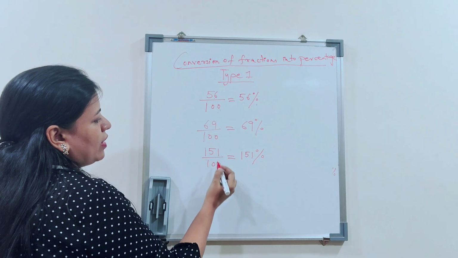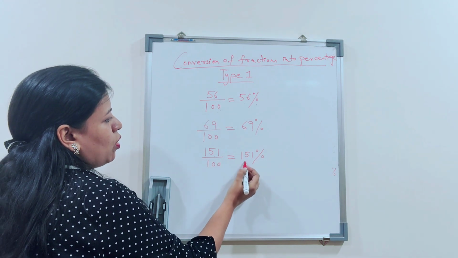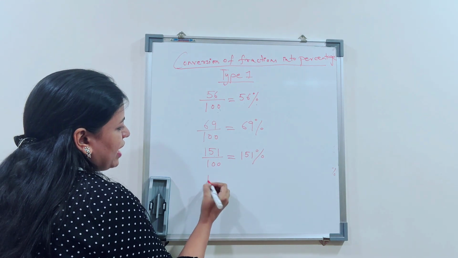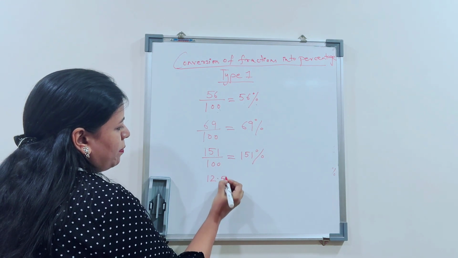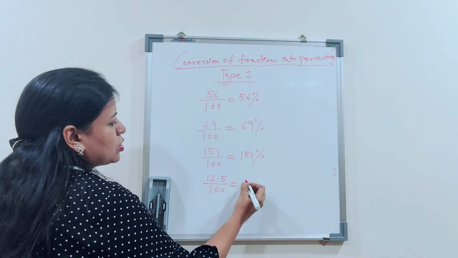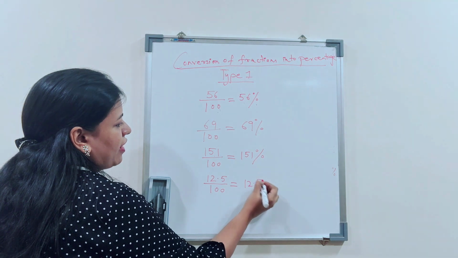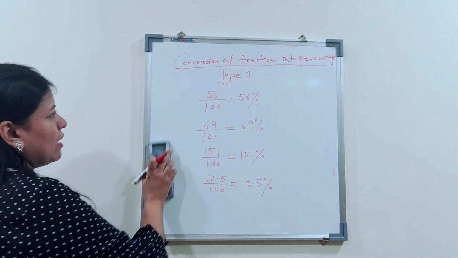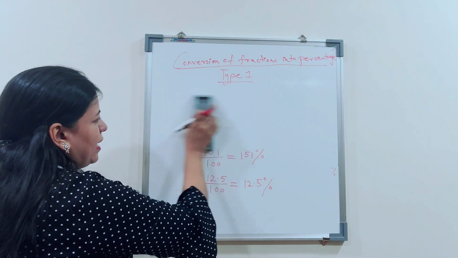So 151 by 100 is equal to 151%. So it doesn't matter even if we have a decimal number on the top and the denominator is 100, what we get is 12.5%. Right? Hope you all got this.